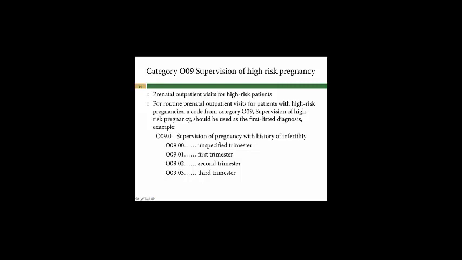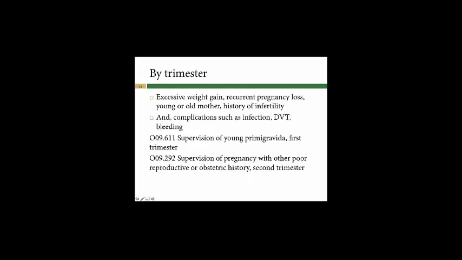So all of these codes now are divided into trimester, whether it's supervision of a normal pregnancy or a routine pregnancy or high risk. So by trimester, we have codes for excessive weight gain, recurrent pregnancy loss, like I said, a young or old mother, history of infertility, and then complications like infection, DVT, and bleeding.